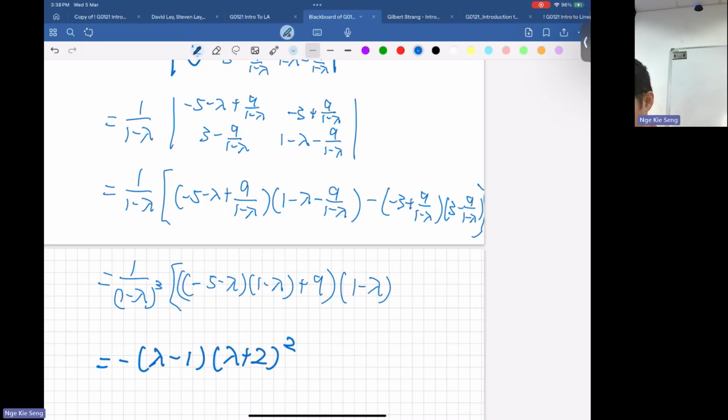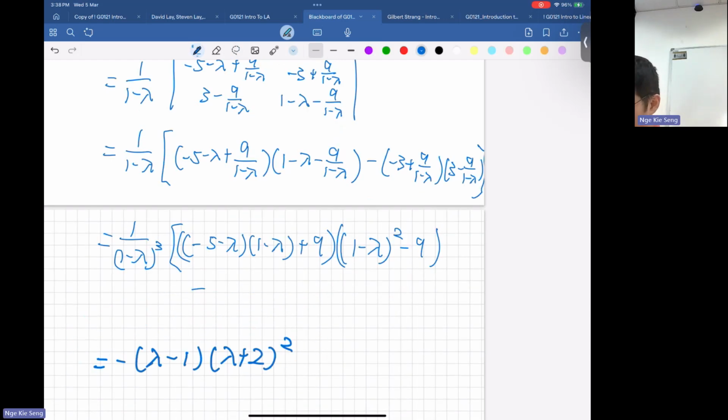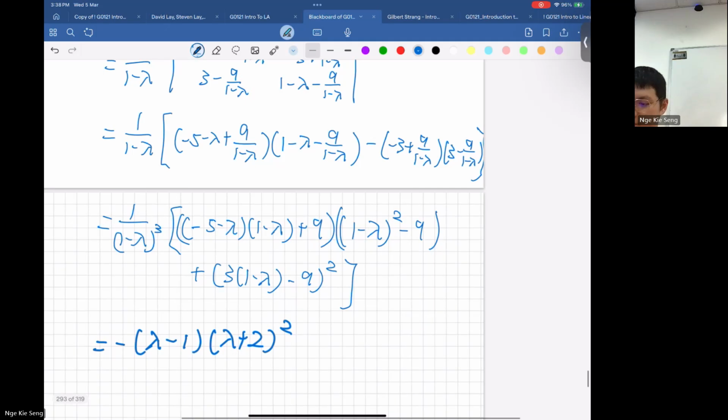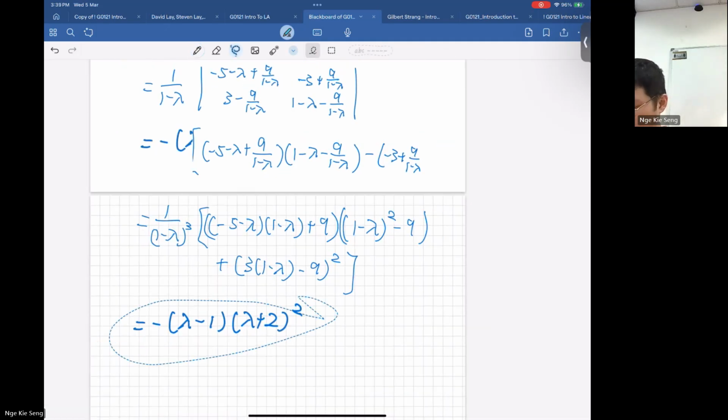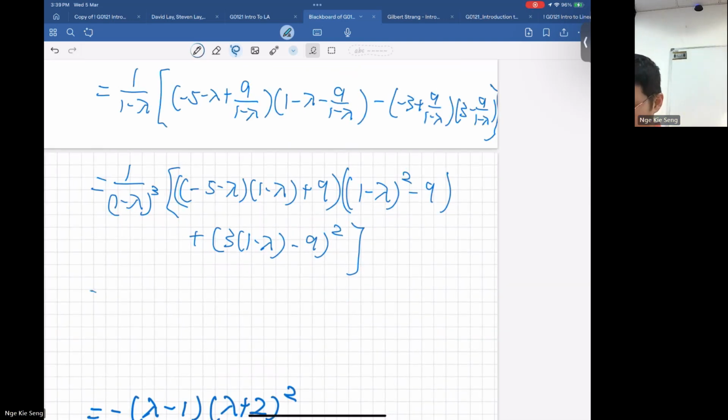Here for 1 minus lambda square. And here becomes 3 minus 3 times 1 minus lambda. It's 9 square. No, sorry, minus 9. So far, okay? Everyone do this, okay? So keep expanding this.